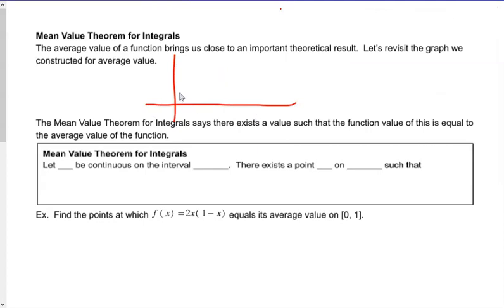I ended up having some function from a to b, and this was the area of that function. The average value brought in this rectangle where I ended up having some f bar, and whenever I created the rectangle on the same interval, the area of that rectangle equaled the area under the curve.